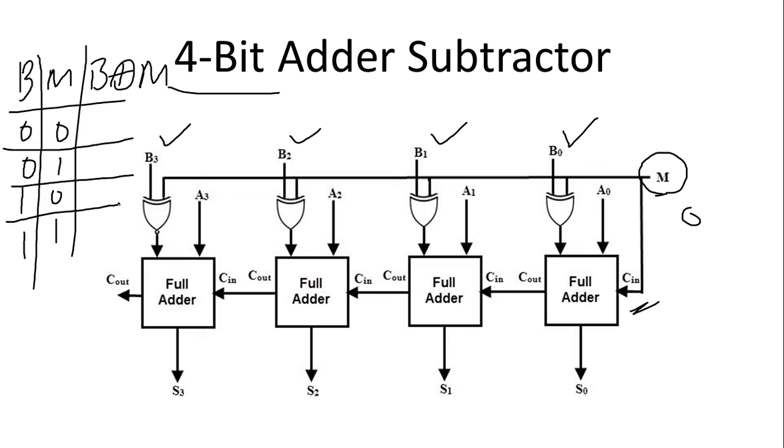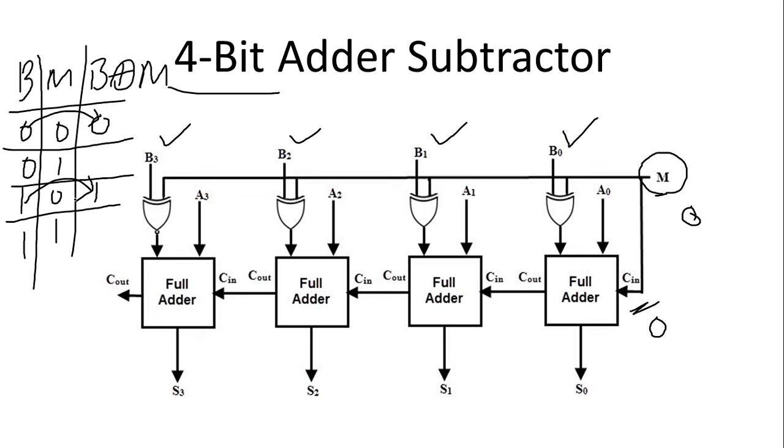If M is 0 and B is 0, then XOR will give 0. Again, if M is 0 and B is 1, B XOR M will return 1. So if M is 0, our Cin will be 0, and the value of B will pass straight through the gate as it is. If it was 0, then 0. If it was 1, then 1.